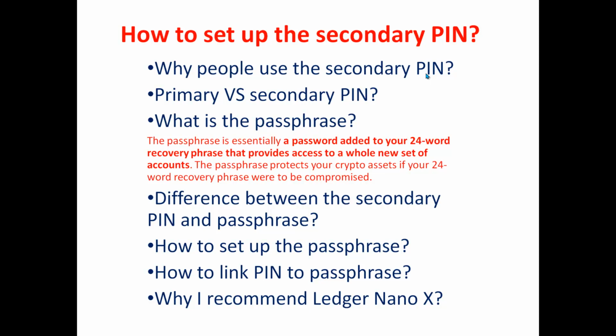But with the secondary pin, it is just required to enter the pin and no need to enter the passphrase. That is how it works. We can say that the second pin is a link to passphrase, a shortcut to passphrase.